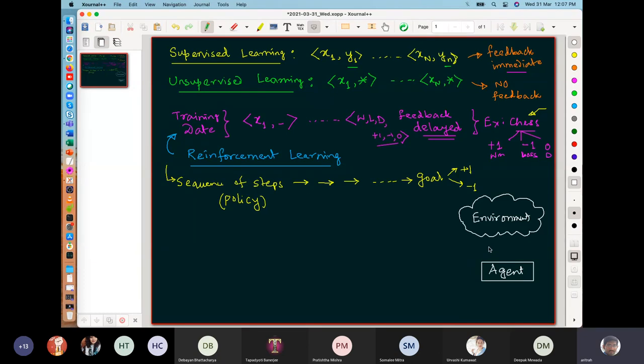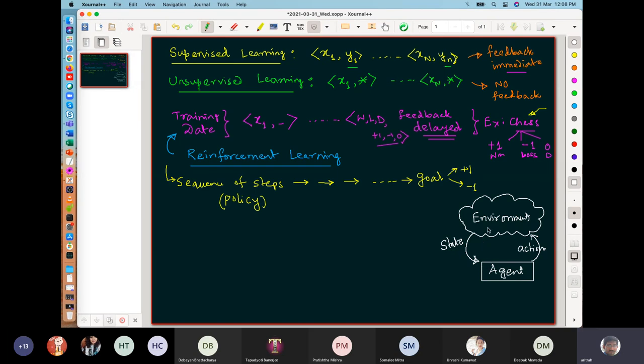At a board position in chess, you sense that board position, which means you sense a state. Depending on that, you make your next move, which we also call an action. That is the setup of the game, or the environment.